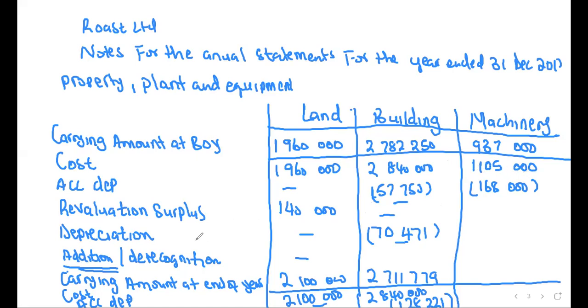But it is only going to start to be depreciated when it is now used in production. Right, so which means if it was during the year, we're going to take it under additions, right? So that's there. Then what else are we going to do?